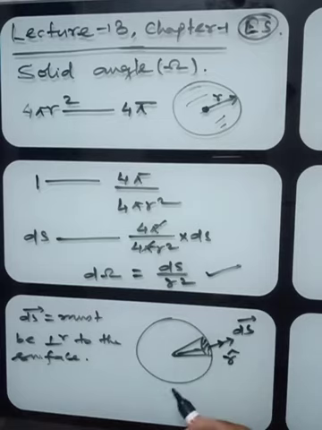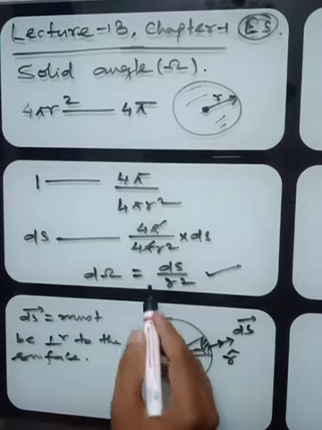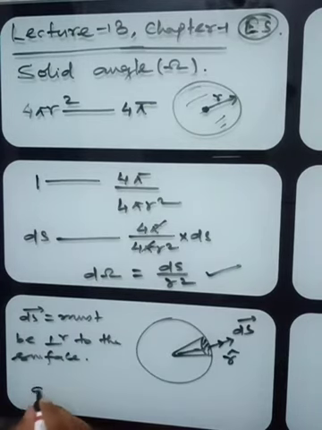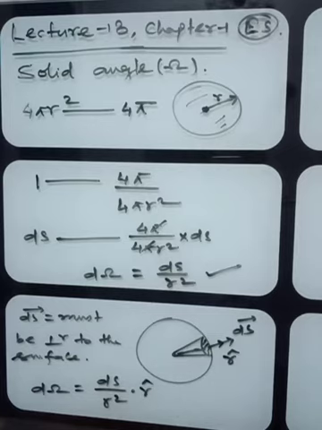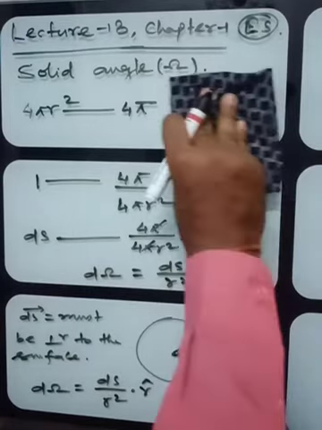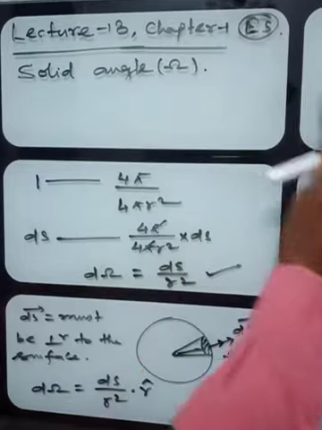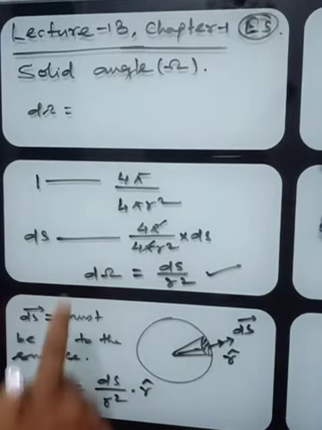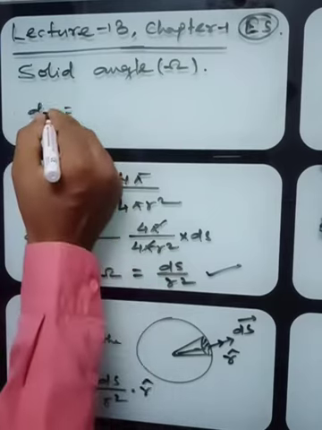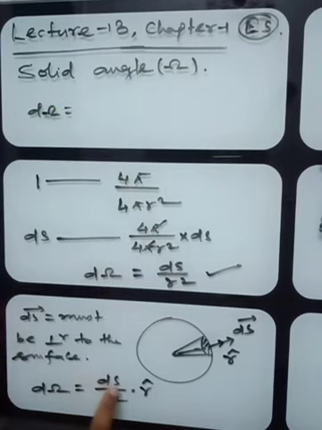So the radial vector will give you the direction, and then this solid angle d omega can be written as ds over r square dot r cap, or you can also write d omega as ds dot r.